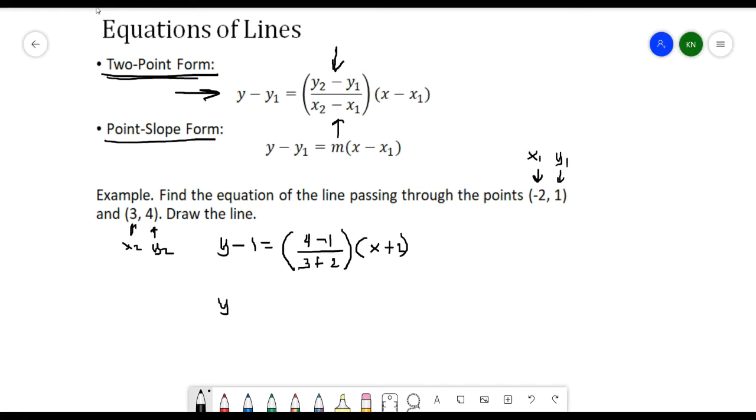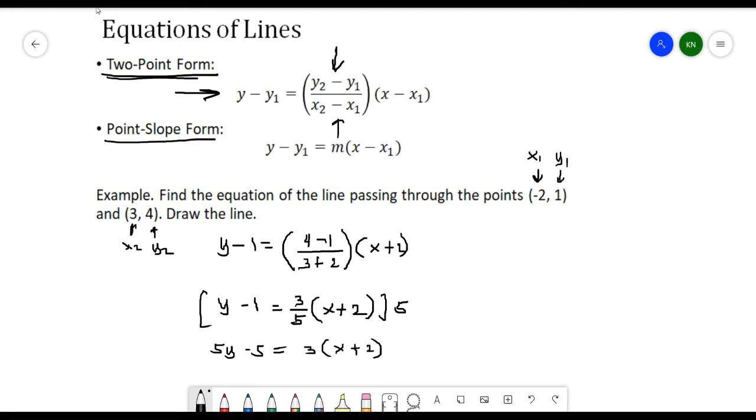So we have y minus 1, and if you calculate this one, that is 3 over 5, then we have x plus 2. In order for us to eliminate the fraction, we multiply both sides by the denominator, which is 5. So we have 5y minus 5 is equivalent to 3 times x plus 2.